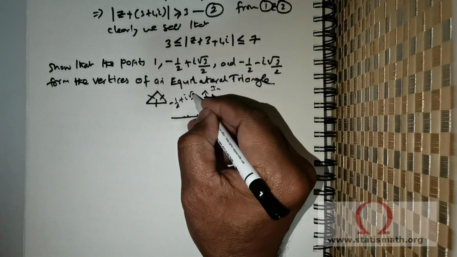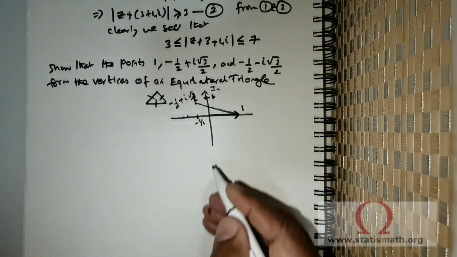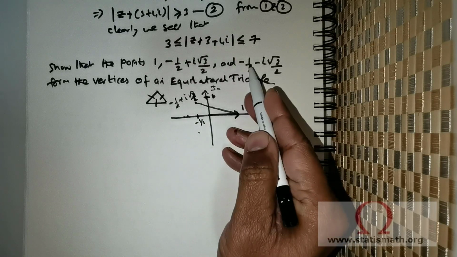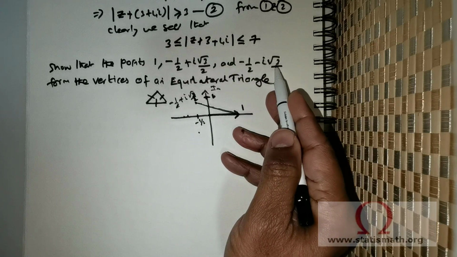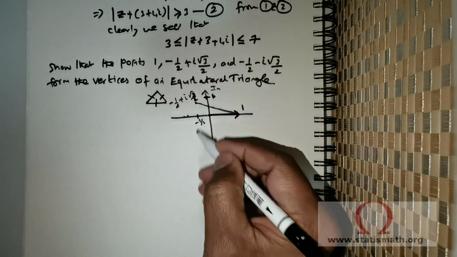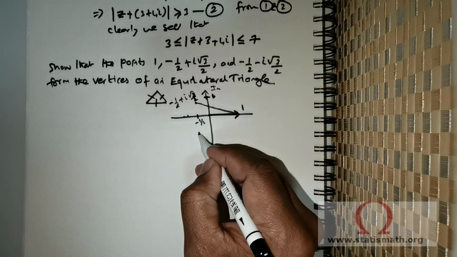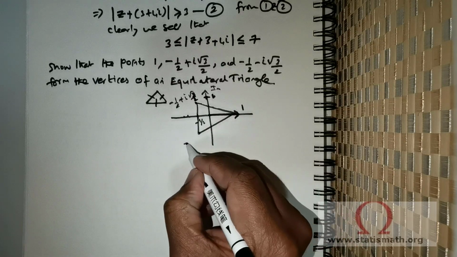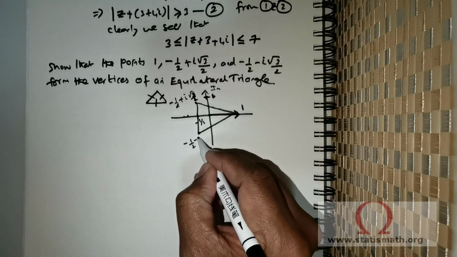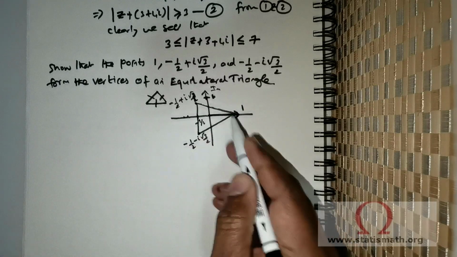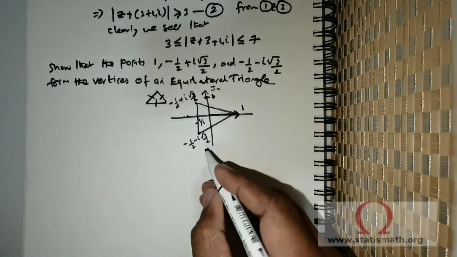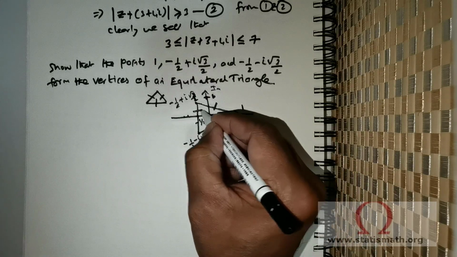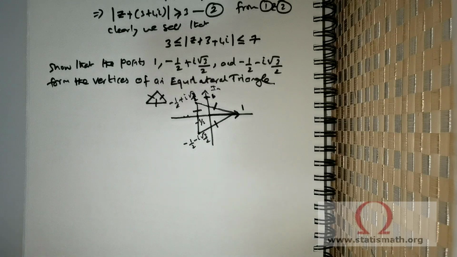Simultaneously we need the point for the next part, which is negative 1 over 2 minus i root 3 over 2. That would occur on the other side of the axis. So that would be this point. So I need to connect these 2 points and make the representation. So this is negative 1 over 2 minus i times root 3 over 2. If I could show that this distance is the same as this distance, which in turn is the same as this distance, then my result is complete.